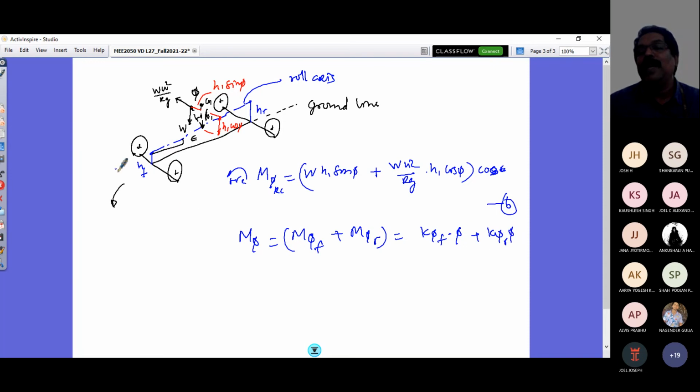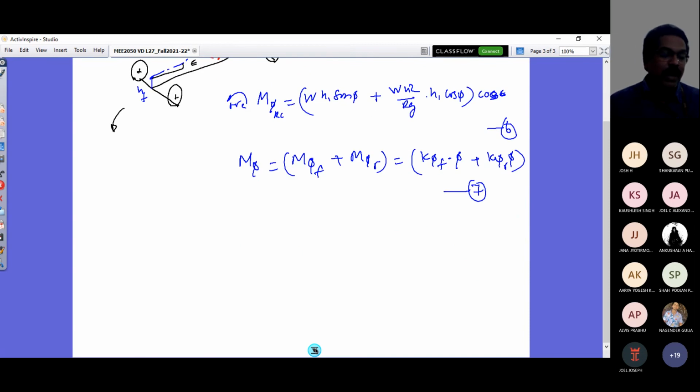This phi is the same for a vehicle. This is my equation 7. Now equations 6 and 7 can be combined, and I can get my roll moment.